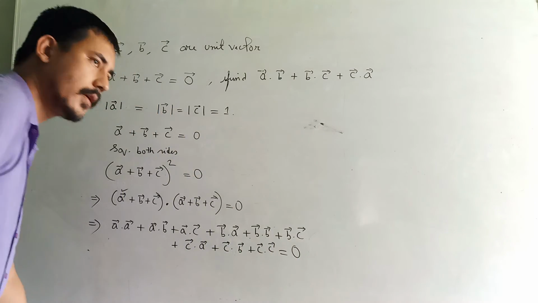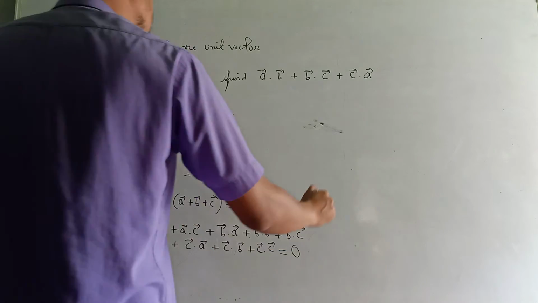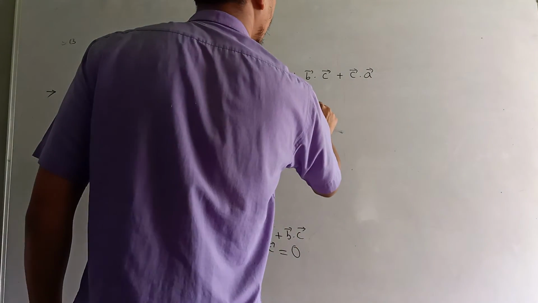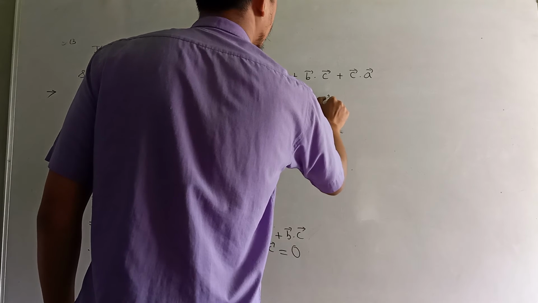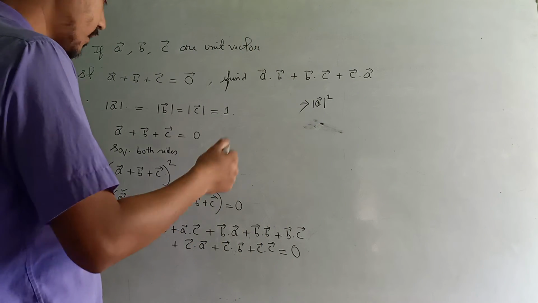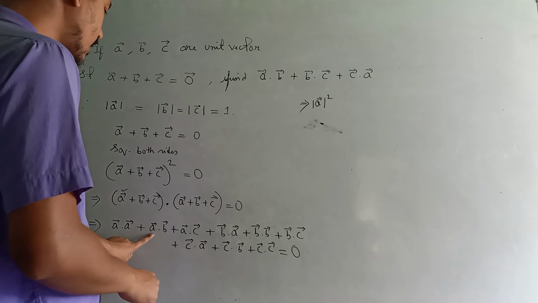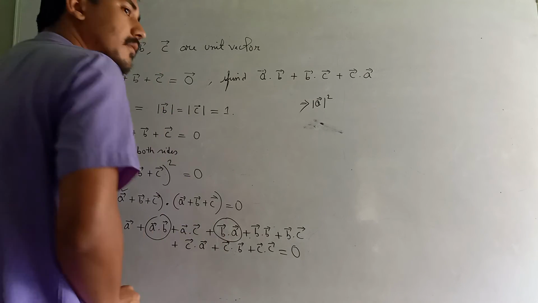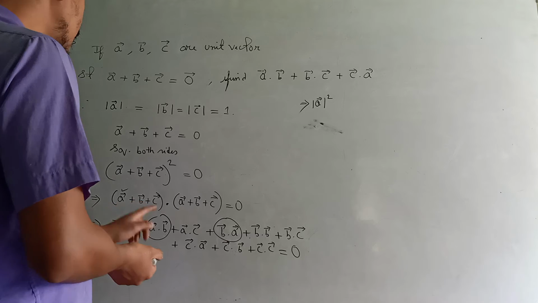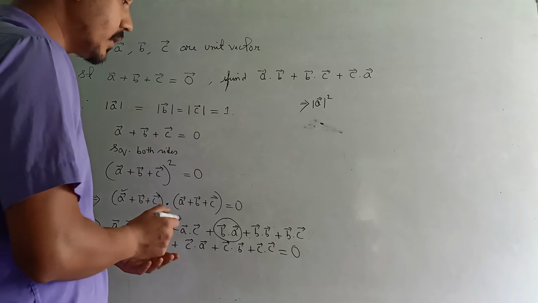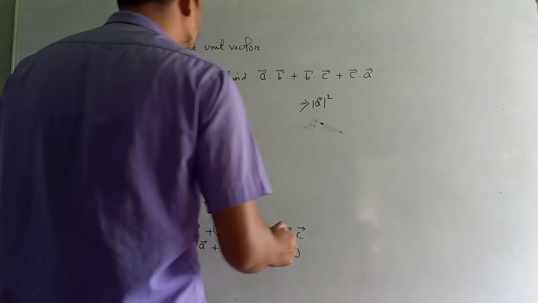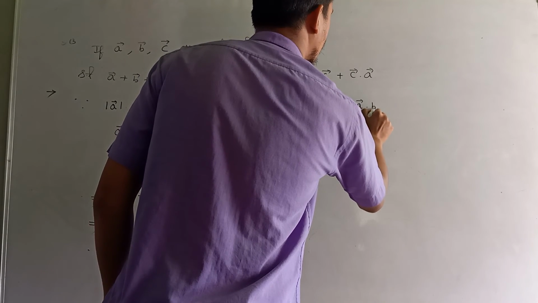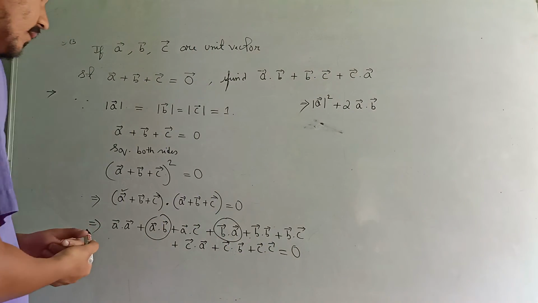The square was 0, right? Now, this implies A dot A means magnitude of A squared, which we have derived. A dot B is equal to B dot A. So A dot B plus B dot A is 2 times A dot B, right?